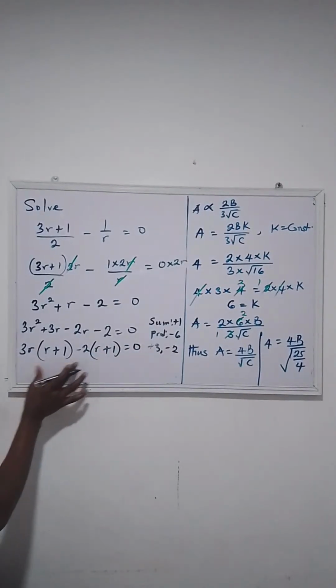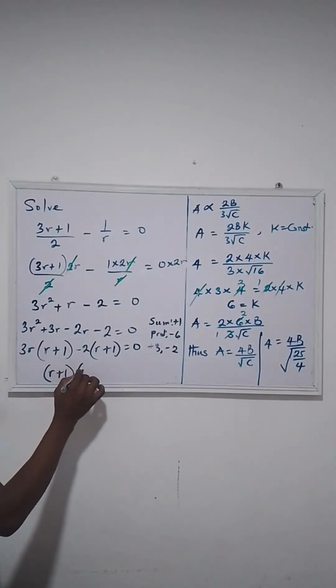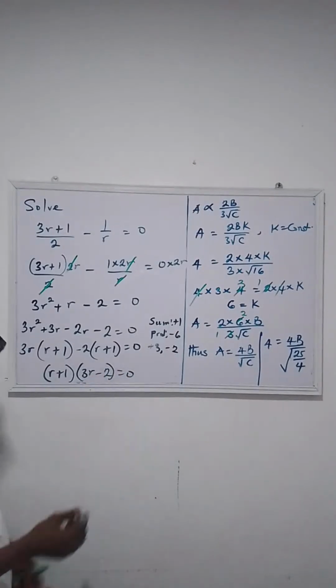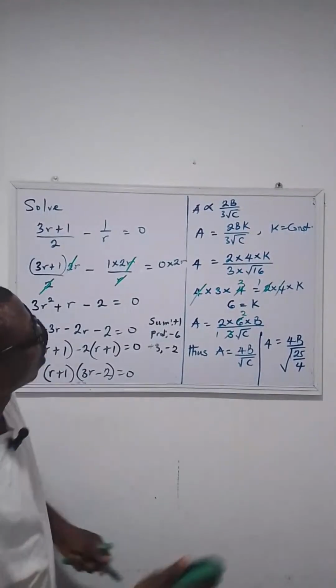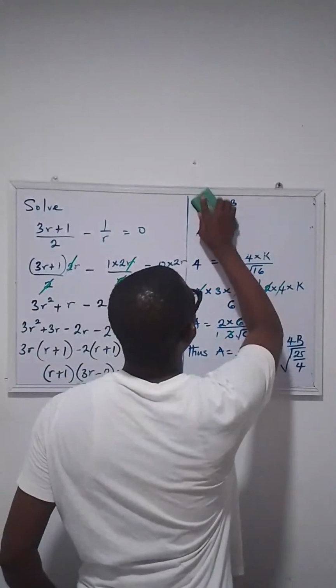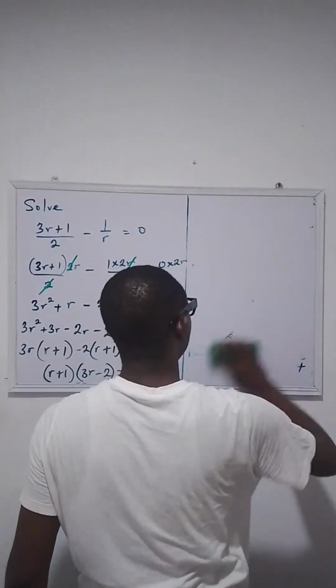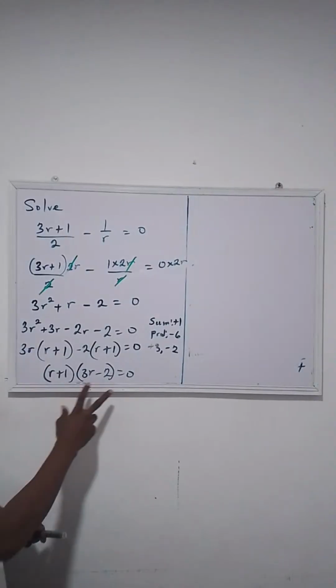Okay, so find the GCD of these two terms. We have r plus 1 and 3r minus 2 equals to 0. All right, so what do we have next? Now we have two numbers multiplying each other to have 0.